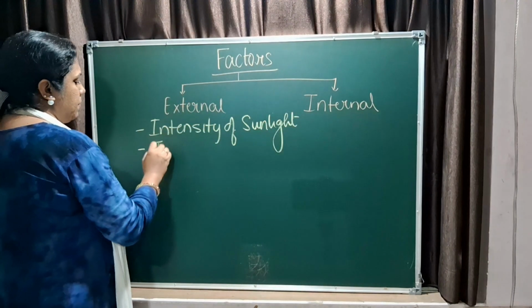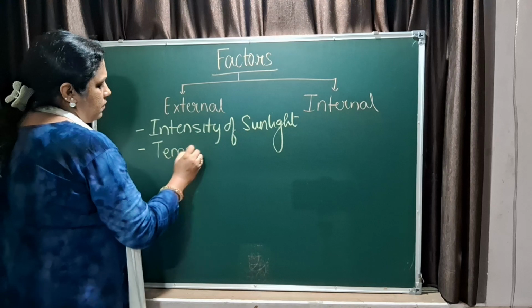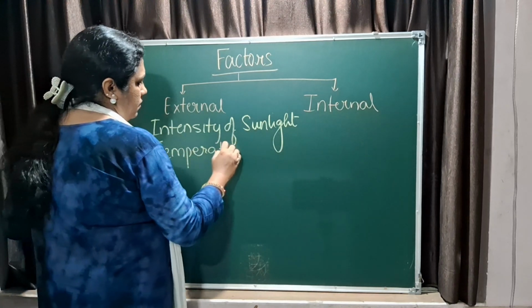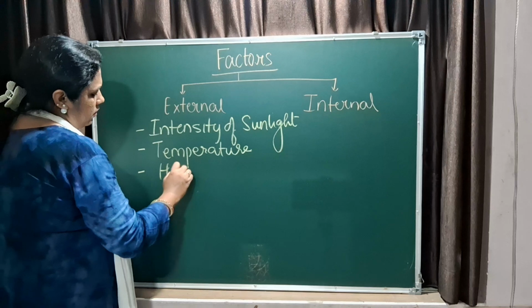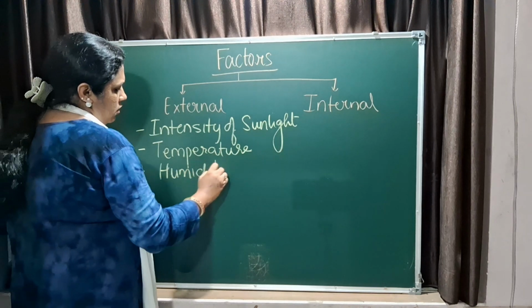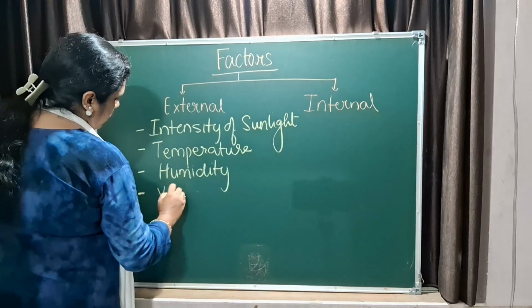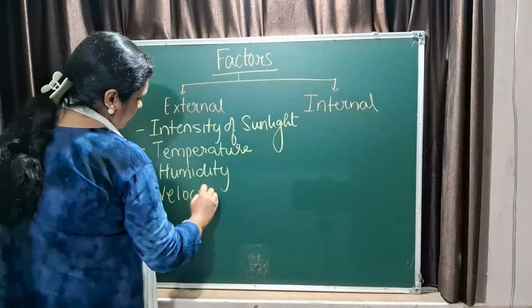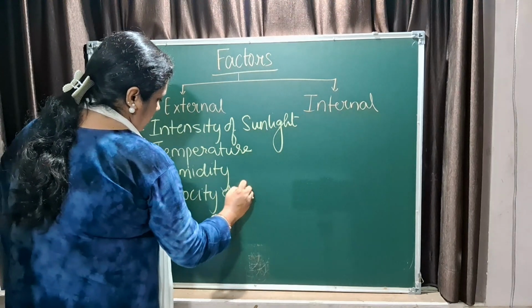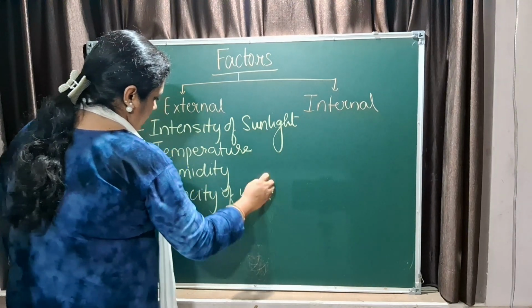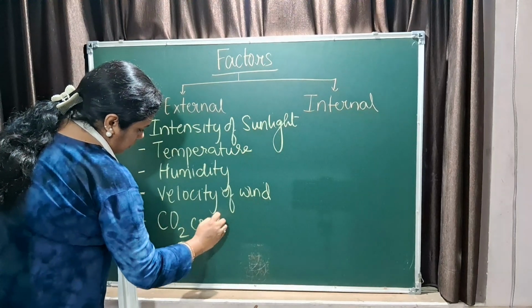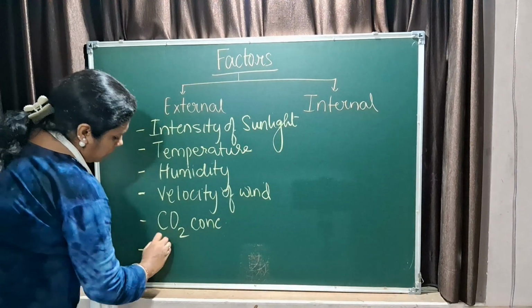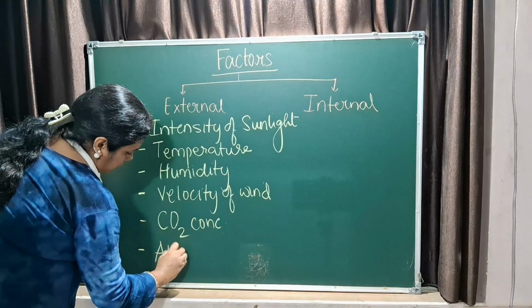Then you have temperature, then humidity, velocity of wind, carbon dioxide concentration, and last you have atmospheric pressure.